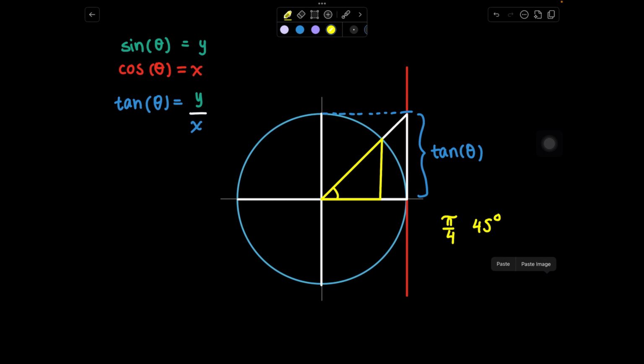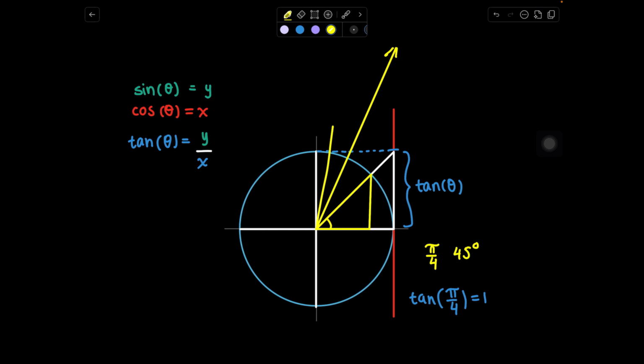So that means tan of pi on 4 is equal to 1. And if you pick another angle, you can see how the value of tan will get very, very big as that angle gets higher up because it takes a longer time until it hits this red line. So you can imagine that red line is continuing all the way up.